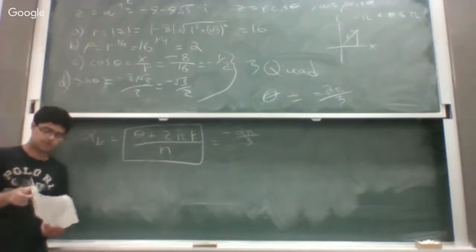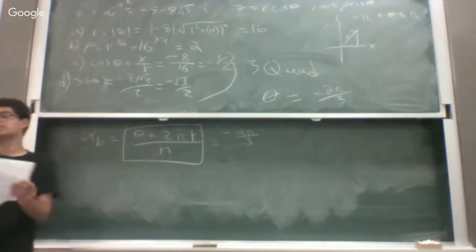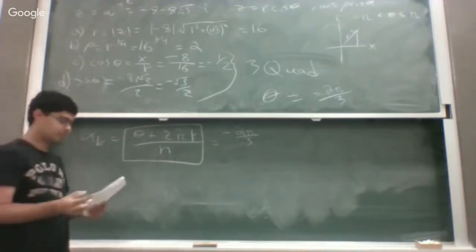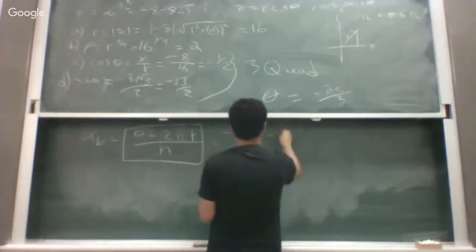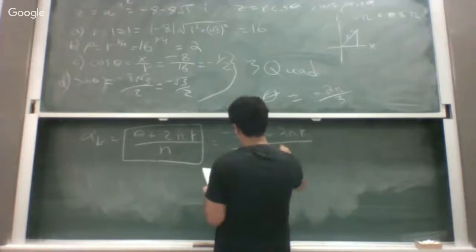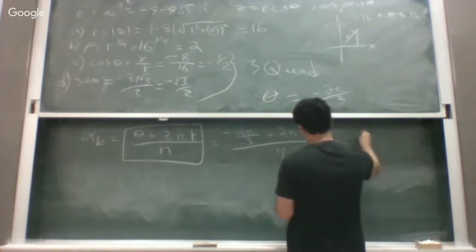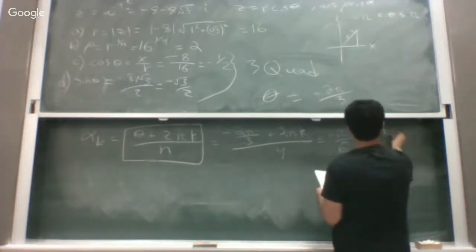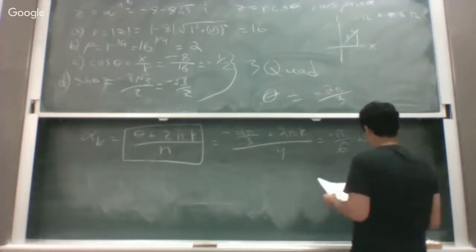So you have negative 2 pi over 3 plus 2 pi k, divided by 4. You simplify that, you get negative pi over 6 plus pi k over 2, for k equal to 0, 1, dot dot dot.